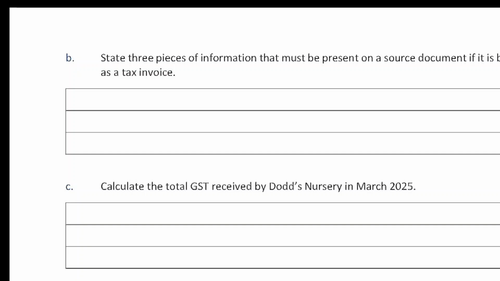Any ideas? Now we already saw some tax invoices. What items did we see? Thanush, what did we see in tax invoices? GST amount was there, very good. What else? ABN number, thank you, very good.